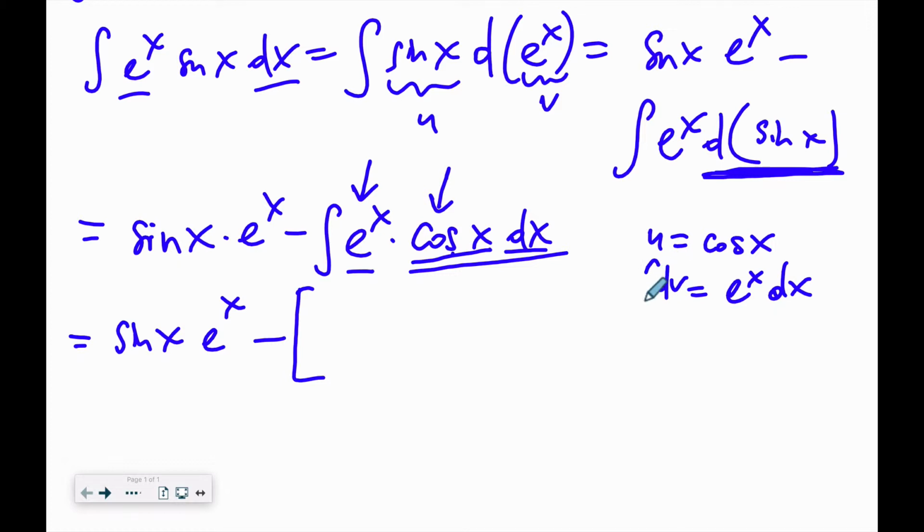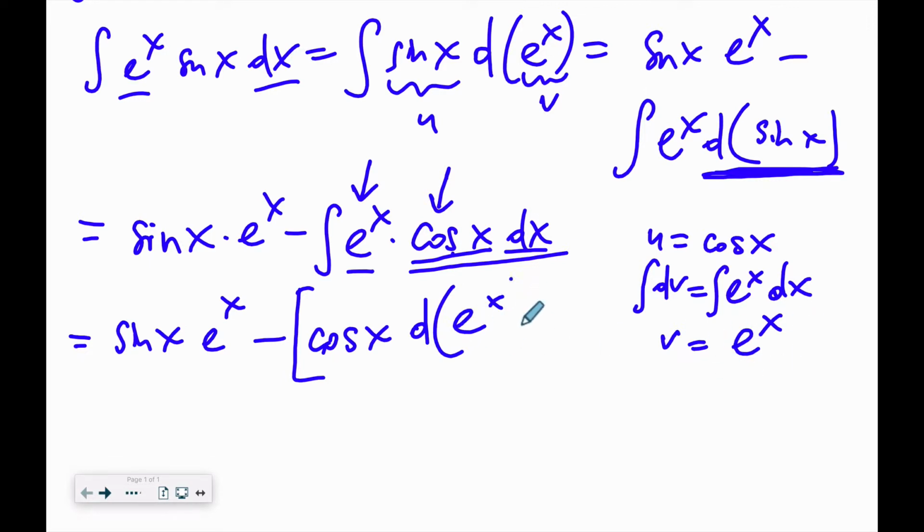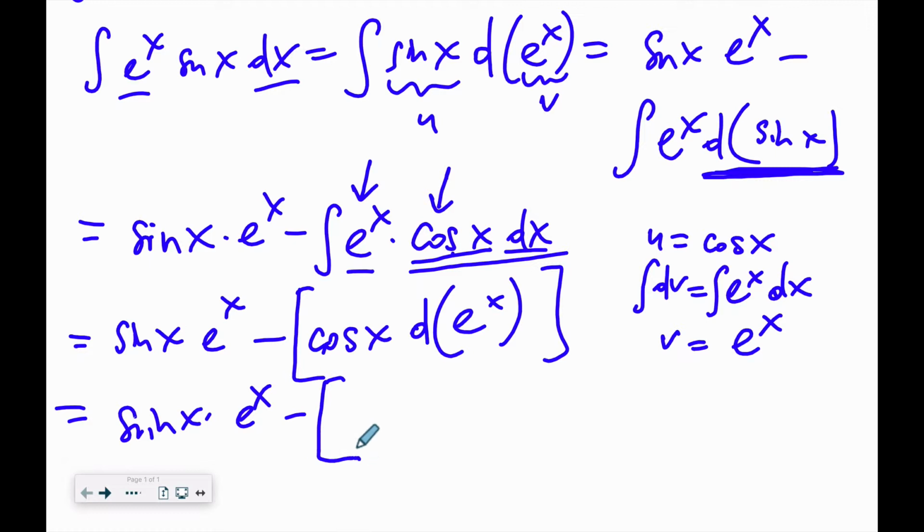So then we integrate both sides here, and we will have v equal to e^x. Okay. So this integral now turns into cos x, which is the u, and then dv, which is d of e^x. And then the next step is, let's write this sin x times e^x, and then minus this bracket.